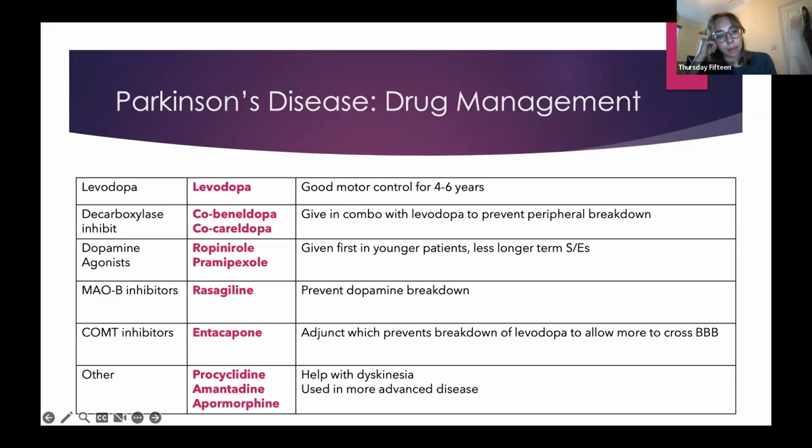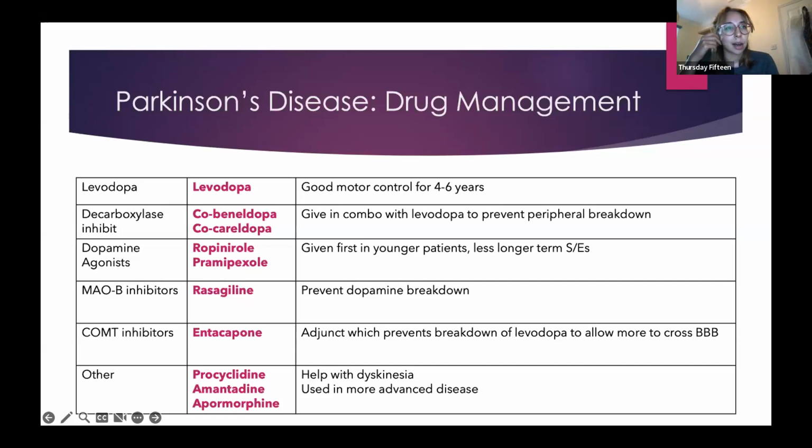They're called ropinirole and pramipexole, and they're normally given first in younger patients. They have less long-term side effects, and these are the ones that you get the impulse control disorders in, so when you hear about people with Parkinson's disease with new gambling habits and things like that, these drugs are the ones that are related to that.